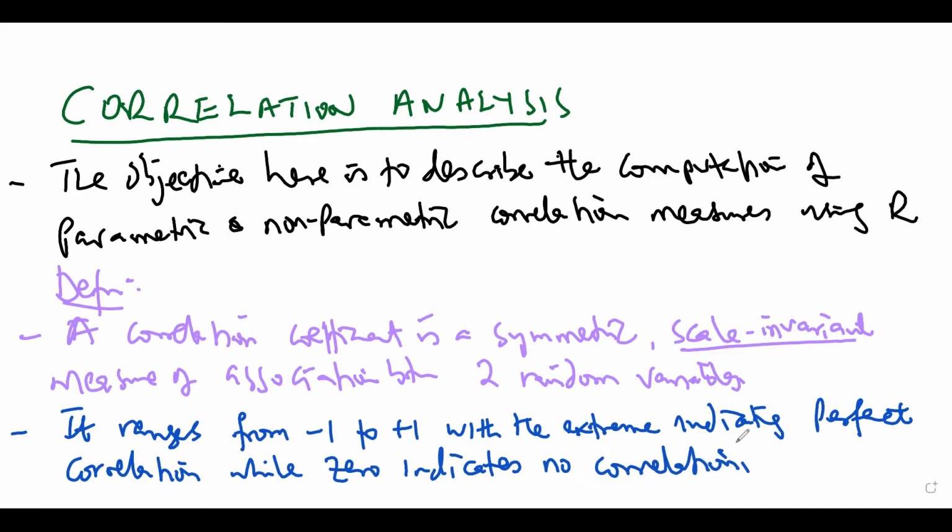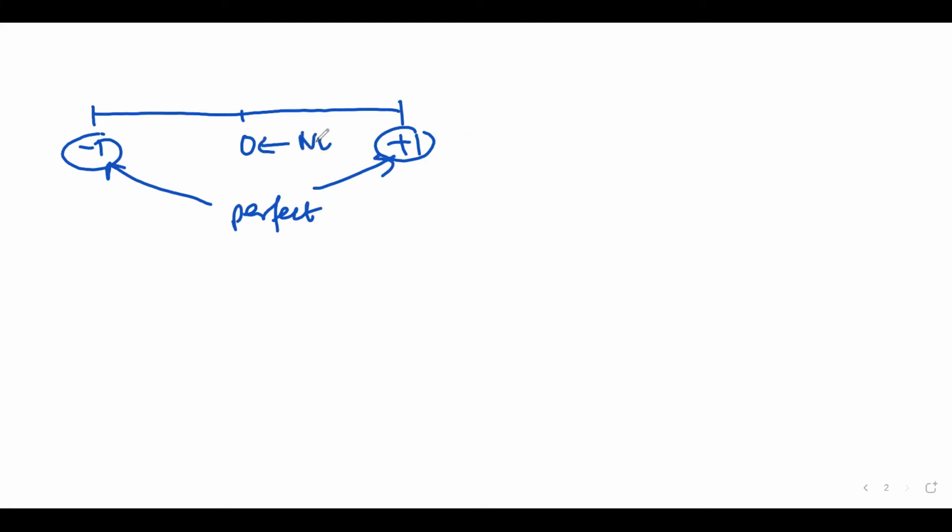So what we're saying there is that a correlation coefficient is a number between -1 and +1. If you want to represent that on a straight line, it is a value which falls within this interval, -1 and +1, including those two values. It passes through 0. The extremes are what we are calling perfect correlation. If your correlation is at the middle point, this means there is no correlation. Then we expect there to be other values in between.